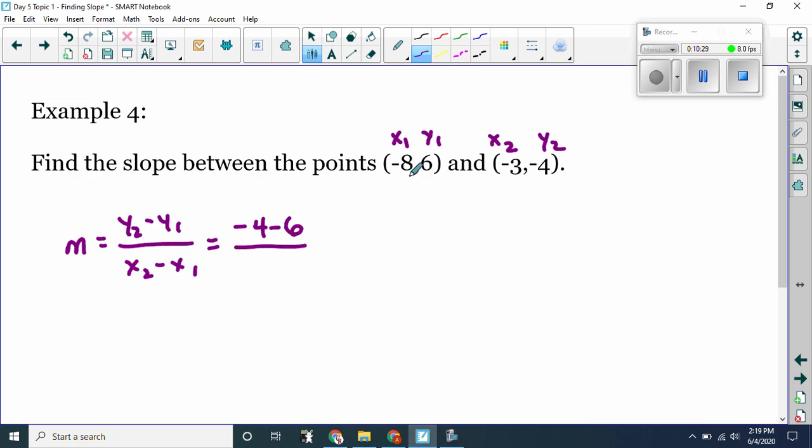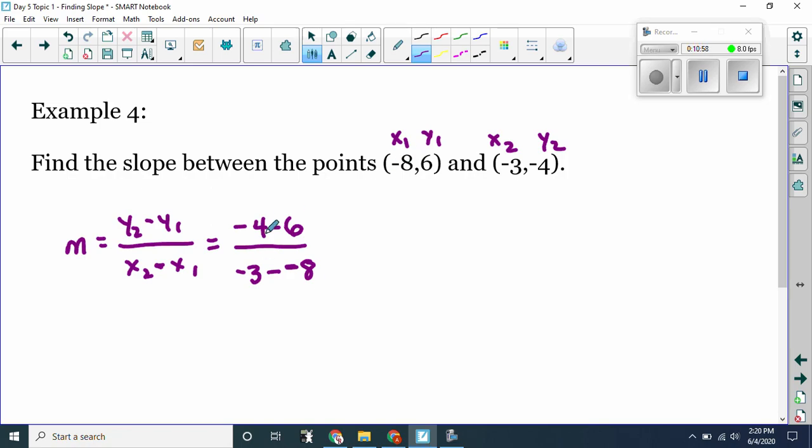X sub 2 is negative 3, minus x sub 1. X sub 1 is negative 8. So notice I have the minus sign from my formula right here, and then also x sub 1 is negative. So this minus sign is because of the minus sign in the formula. This minus sign is because x sub 1 is negative.